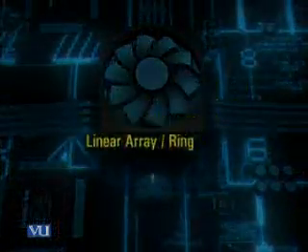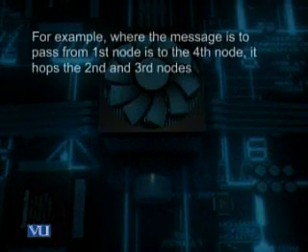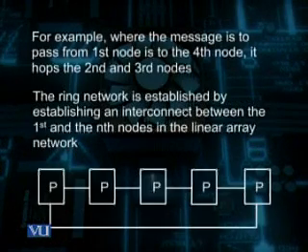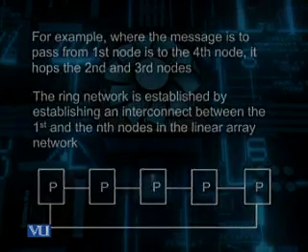A linear array can be converted to a ring network by establishing an interconnect between the first node and the nth node in the array, as shown over here, which means that if the nodes at the two ends of the array are interconnected, then this type of network is known as a ring network.